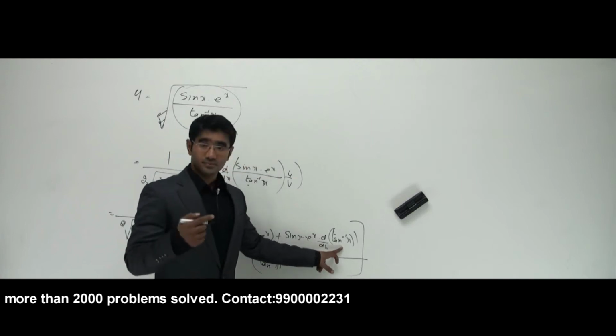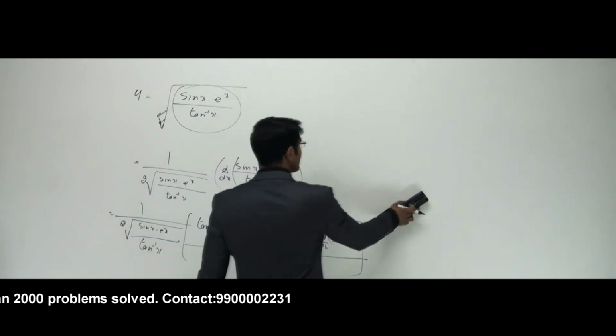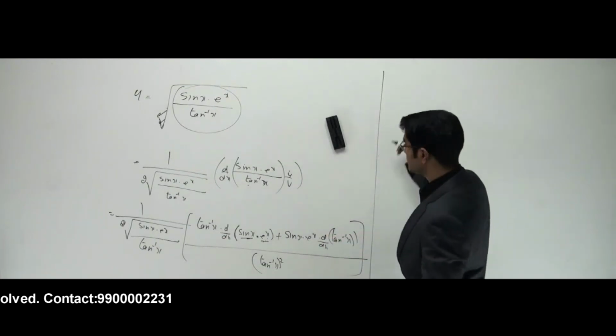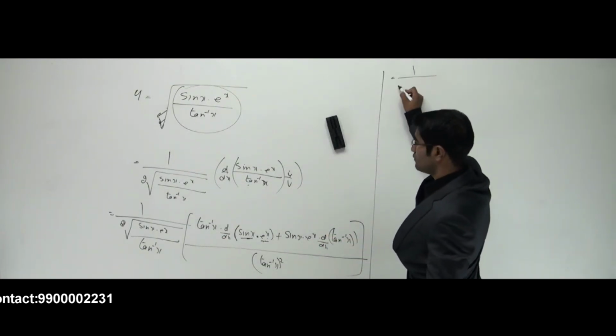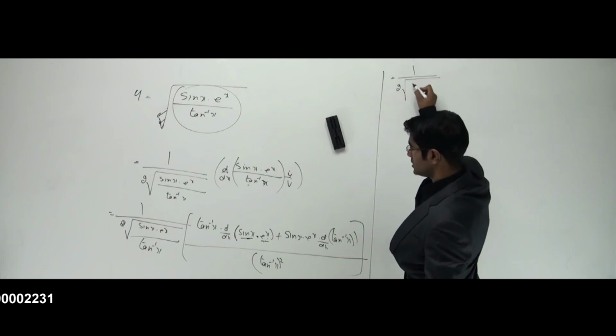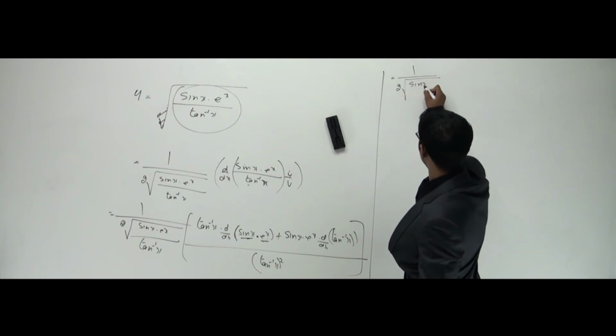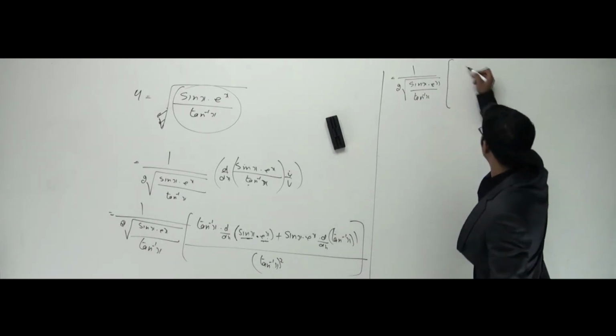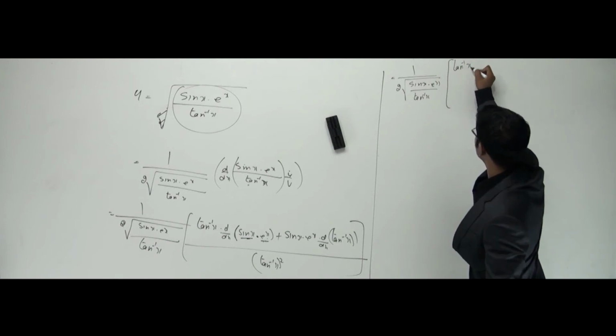This guy is single, that I can still differentiate. So let's go ahead and write this whole thing again. How can I make them single before I can actually use the formulas of differentiation? That is 1 by 2 root sine x and e power x by tan inverse of x. Got to do nothing here. And in this case, I have tan inverse of x, nothing to do with this guy also.